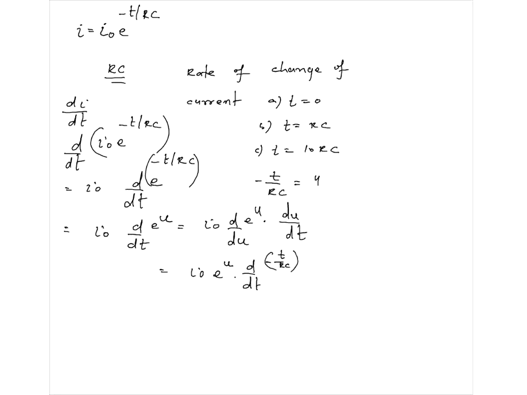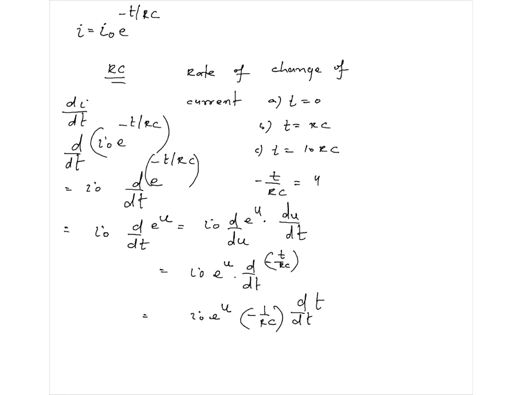Now resistor is constant, capacitor is constant. So what should we do here? We should take R and C out of the differentiation sign. I naught e to the power u, minus 1 upon RC is out, right? And then we have d dt of t.